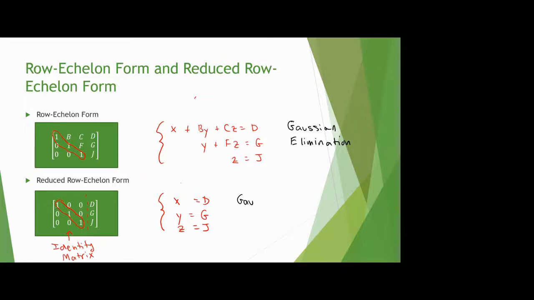Basically, this guy with the last name of Jordan took Gaussian elimination some steps further and came up with reduced row echelon form, and so they named it after him. That then is Gauss-Jordan elimination. So you can use either one. You can solve with Gaussian elimination or Gauss-Jordan elimination.